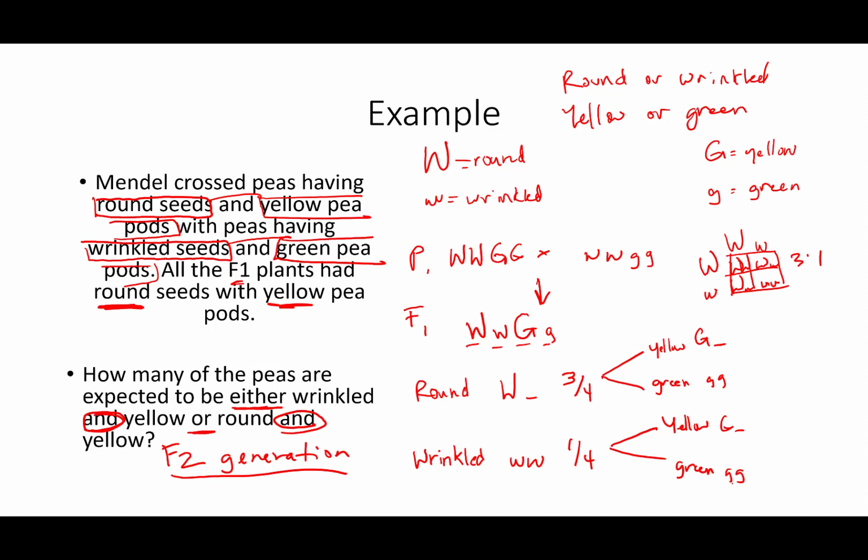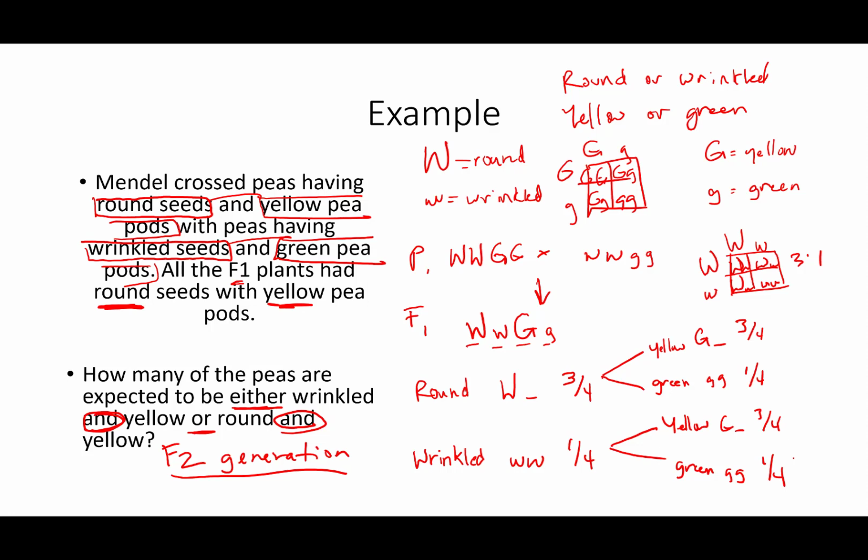Okay, what are those? I would do the Punnett square again. The parentals again are both heterozygous. So I should get the exact same ratio of 3 to 1. So 3/4 yellow and 1/4 green. Okay, now I want to go back to my question.